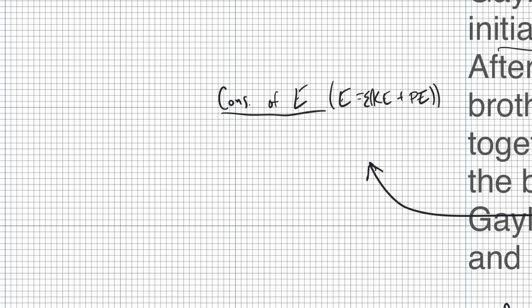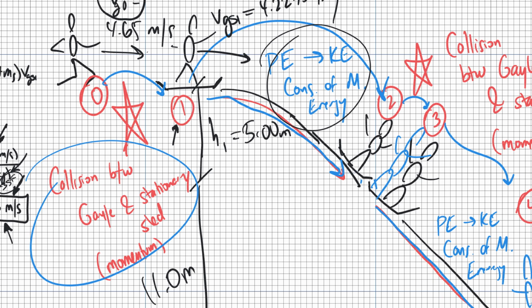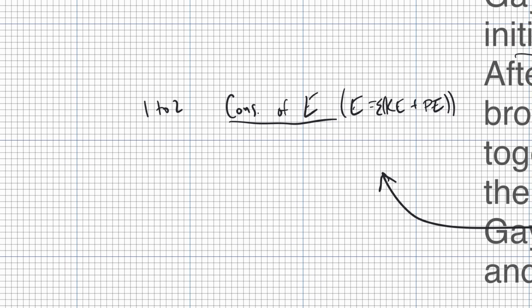So this is going to be from 1 to 2, where all we're really doing is dropping by 5 meters. So here's the equation for that. Conservation of mechanical energy is work non-conserved equals the change in energy, really. So I'll write it like that for now.